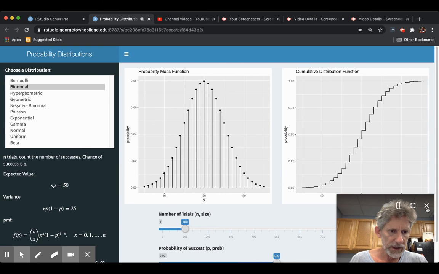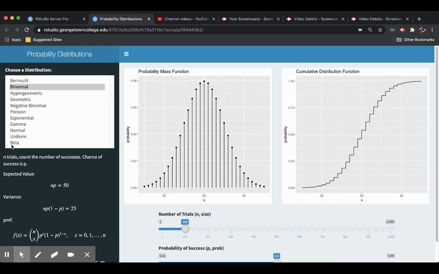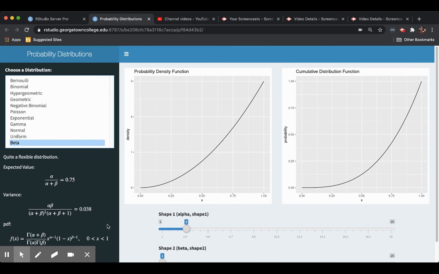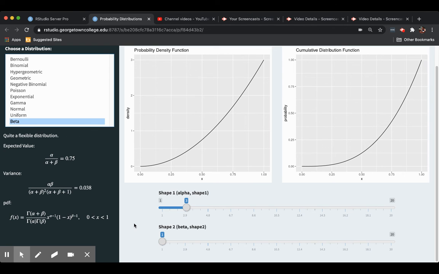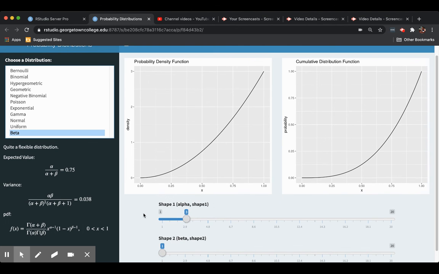And I'll kill my face. And yeah, there's beta down here. So right now I've got it set where the first shape parameter is a 3 and the second one is a 1. And it looks pretty heavily skewed towards fractions that are pretty close to 1.